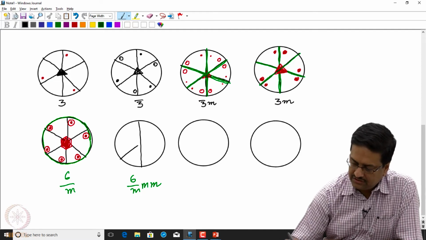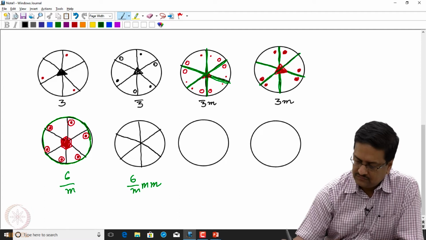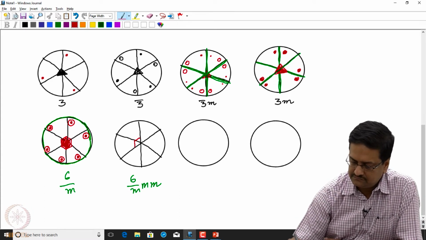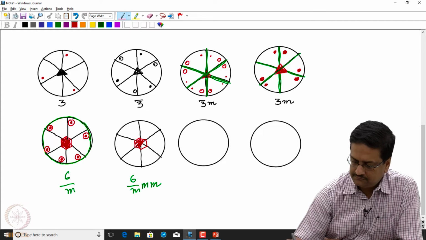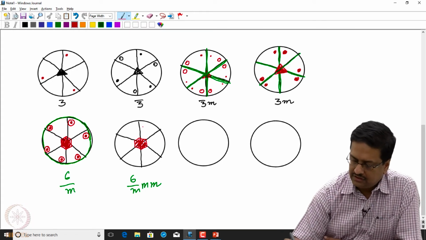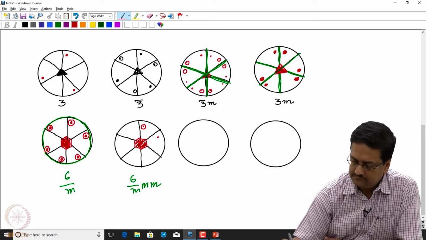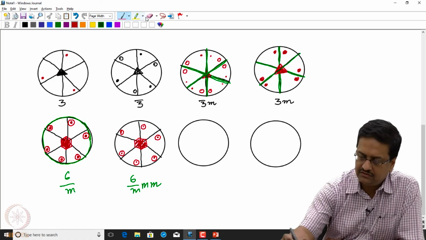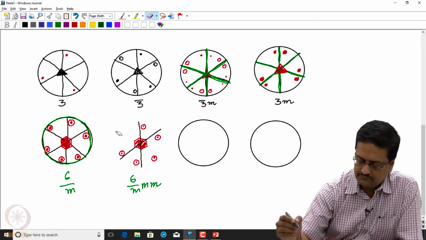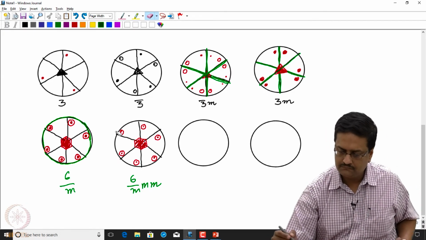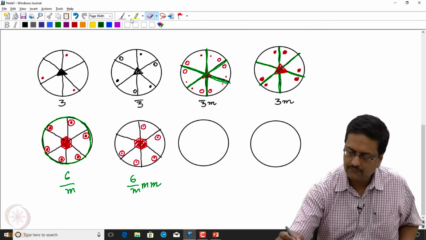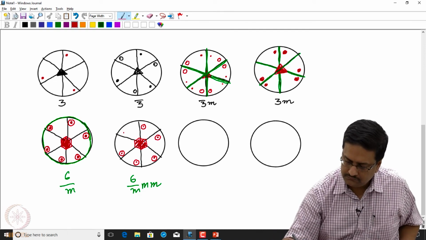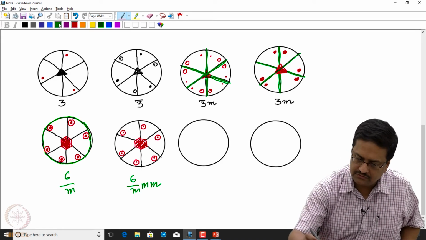So we again divide it into 6 parts. The 6-fold axis is at the center, and then I will first draw 6 by M as it is drawn on the left hand side, and then the two mirrors that we are talking about are these two mirrors.